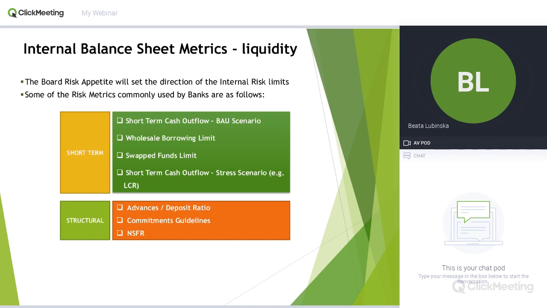And then you have the longer, medium to long-term metrics for liquidity, which are known as structural liquidity. So for structural liquidity, you have at least two metrics and one regulatory. And structural, what does it mean? Structural liquidity is the liquidity of all items with a residual maturity higher than 1 year.